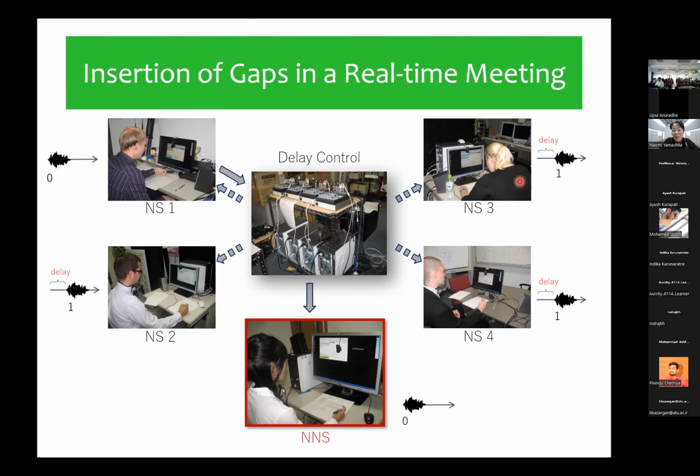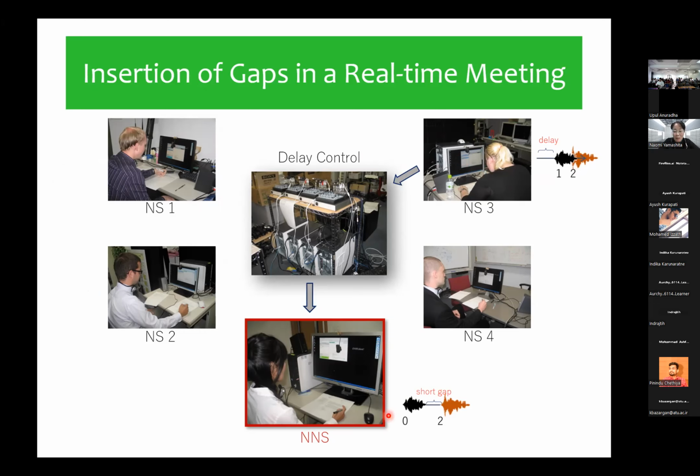And let's say that native speaker 3 talks after native speaker 1 with a small overlap at time 2, which often happens in group meetings, right? However, her speech is also delivered first to the non-native speaker.